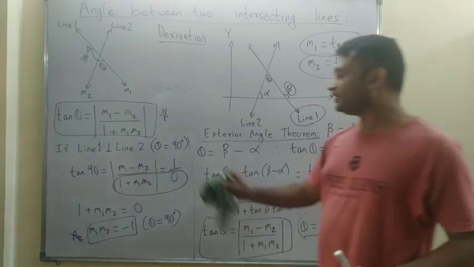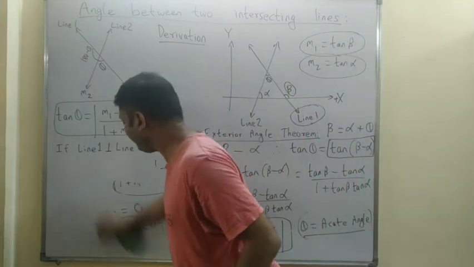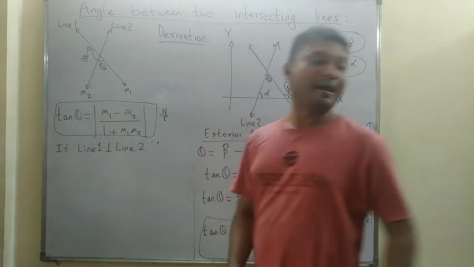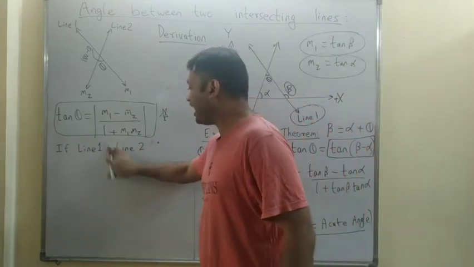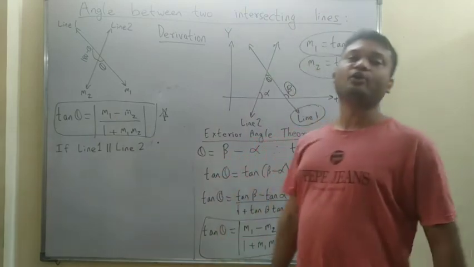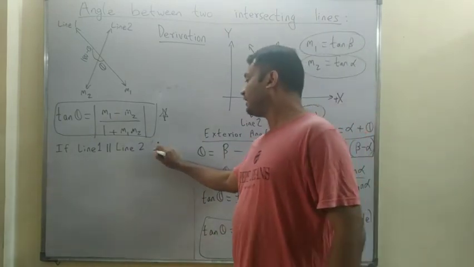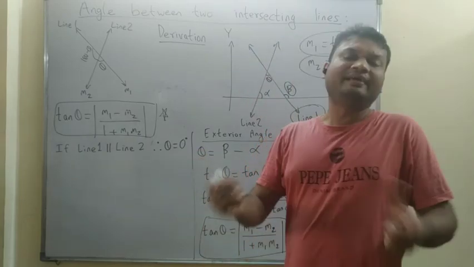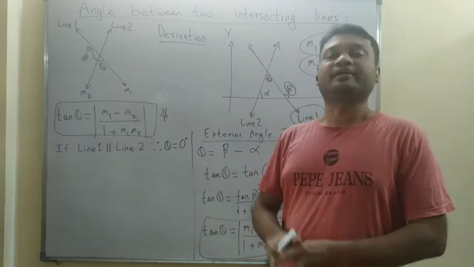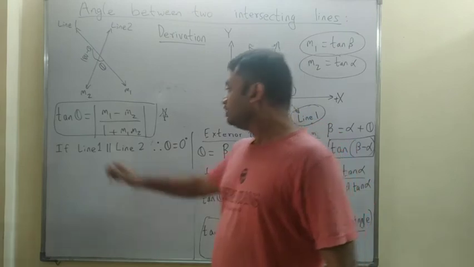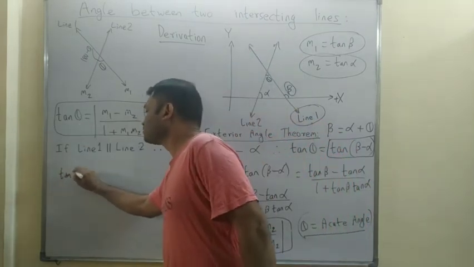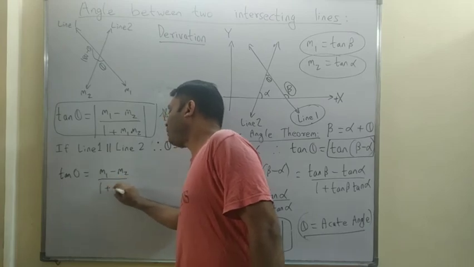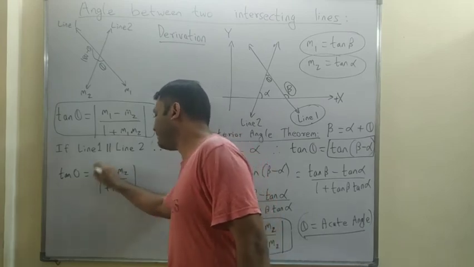Let us now take the special case of parallel lines. Suppose line 1 is parallel to line 2. Then we know the angle between the two lines will be 0 degrees, because parallel lines make no angle with each other. So let us substitute theta as 0. Tan 0 is m1 minus m2 upon 1 plus m1 m2.